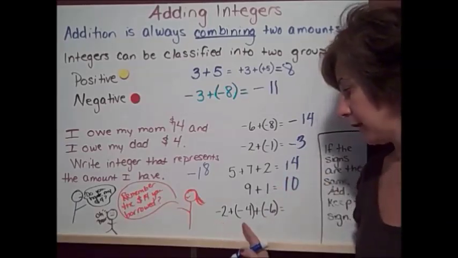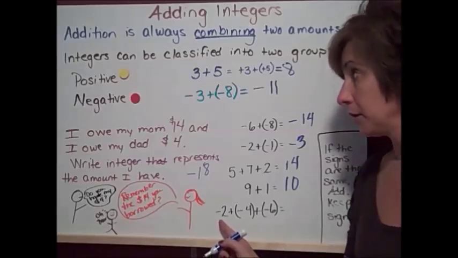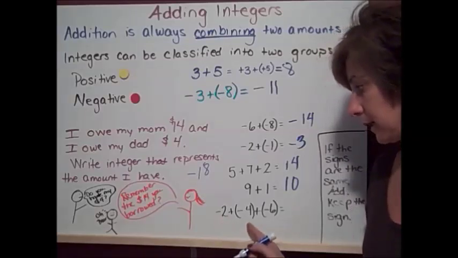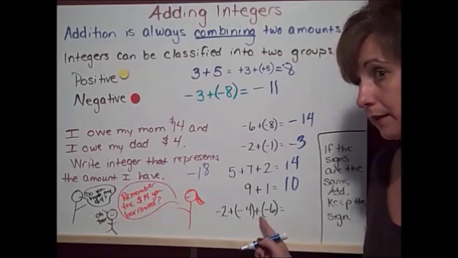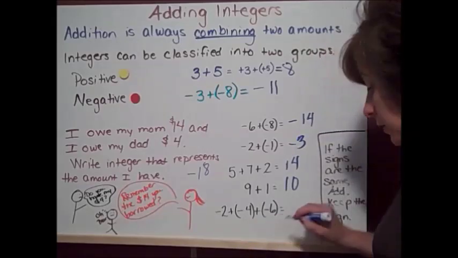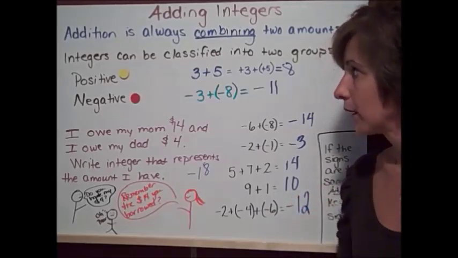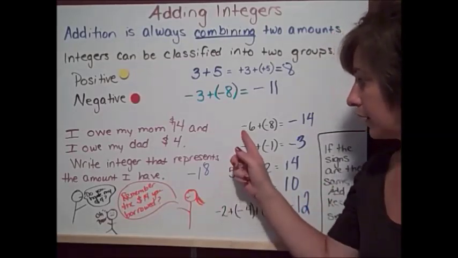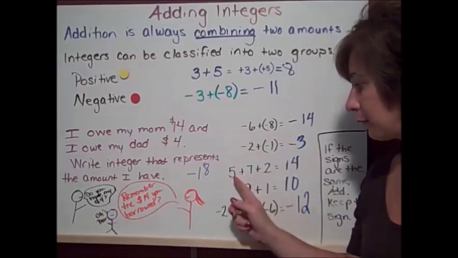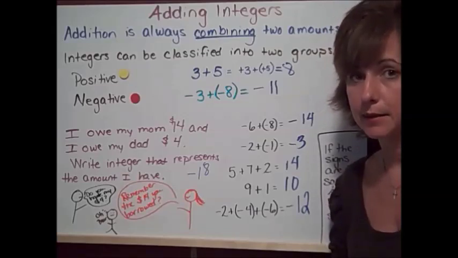Here's a negative 2 and a negative 4 and a negative 6. I could represent it with 2 reds and then 4 reds and then 6 reds, and I would end up with 12 reds, which is represented with negative 12. If you'll notice, this set of problems on this page require us to use the same signs.